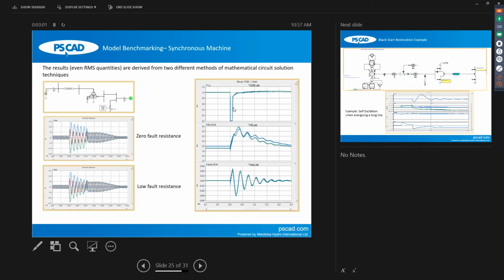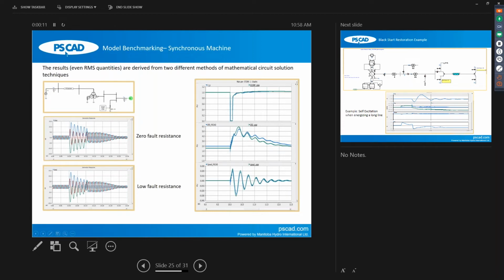So in real life, this doesn't happen. You don't have self-clearing faults, for one. You have something tripping. But for benchmarking, this is what people do. If you look at the first graph, what is this?